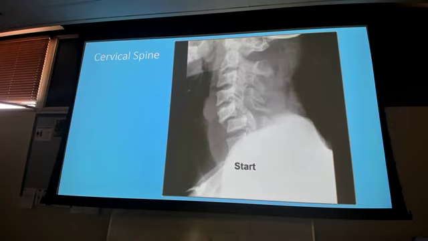So here's my first one. C1, C2, C3, C4, C5, C6. So this would be a C5, C6 anterior spondylolisthesis. Right? But you see what I was talking about earlier?